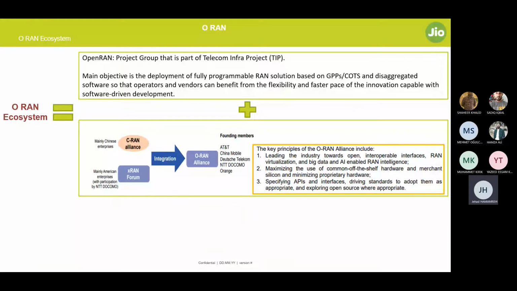So, specifying APIs and interfaces, driving standards to adopt them as appropriate, and exploring open source where appropriate. Why explore open source? Because one of the main reasons behind Open RAN is to make products at very low prices, very cost-effective solutions. And this can happen when you have the software core or the hardware at very low prices.